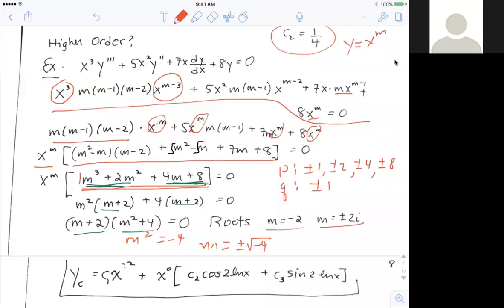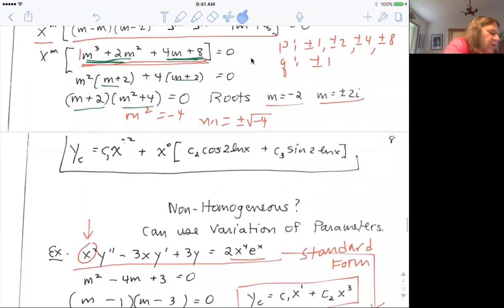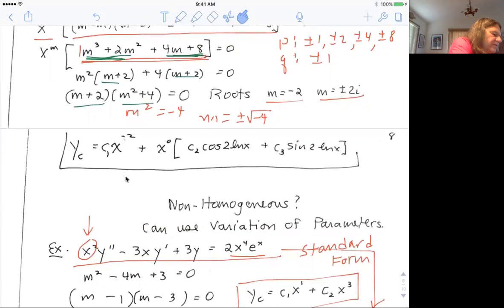Okay, good. All right. So let's look at what the solution looks like. You've got one real root and this conjugate pair of complex roots. Your one real root's minus 2, so the part of the y_c that is associated with that is c1 x to the minus 2. Okay, so that takes care of that root right there.